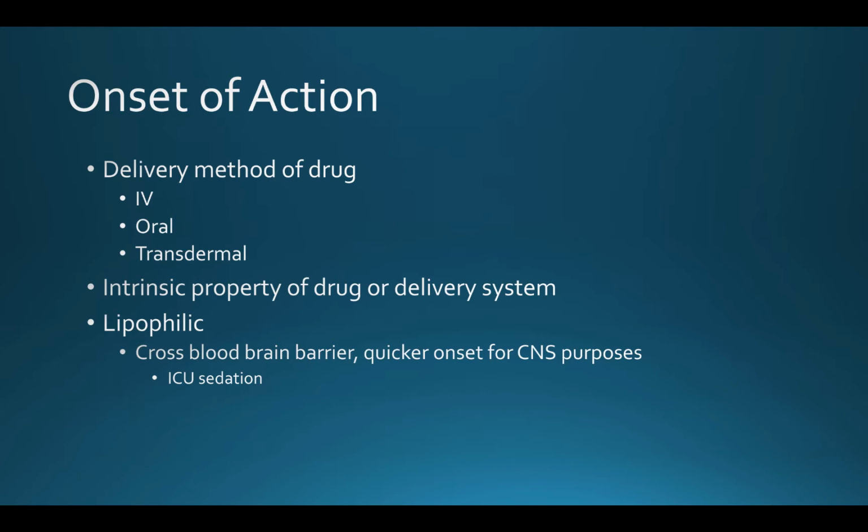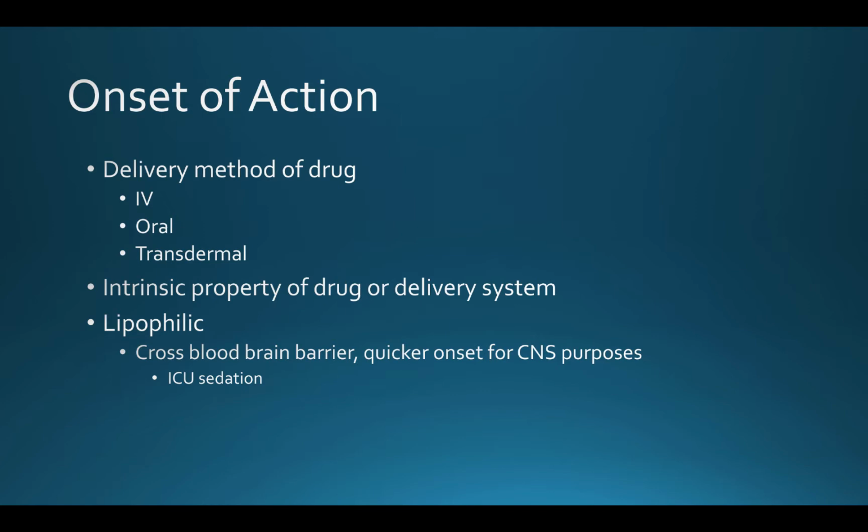Onset of action, important things to think about here. So IV versus oral versus transdermal. Important to remember how quickly a drug is going to have activity. So in a situation like opioid overdose, obviously we don't want a slow onset of action.